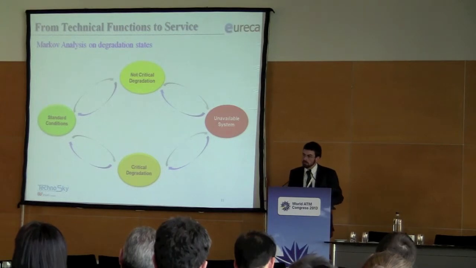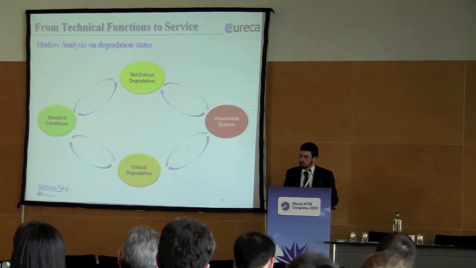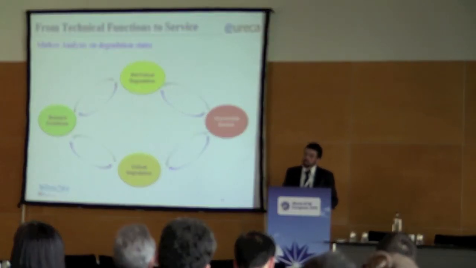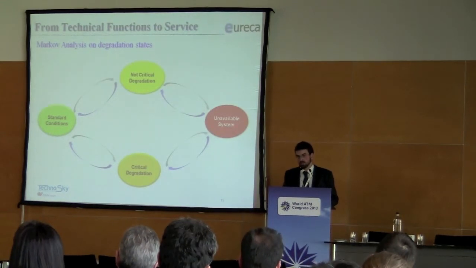Only to give you a figure, for the Rome ACC that we have analyzed, we have identified 4,096 degradation states of Markov.